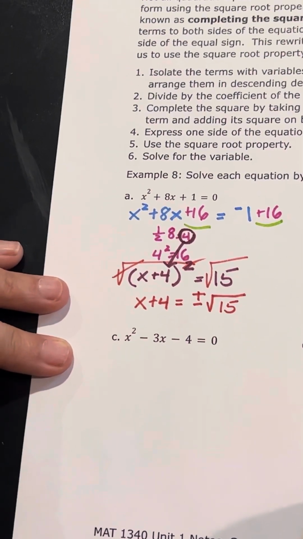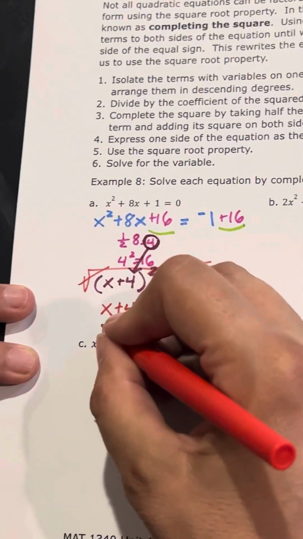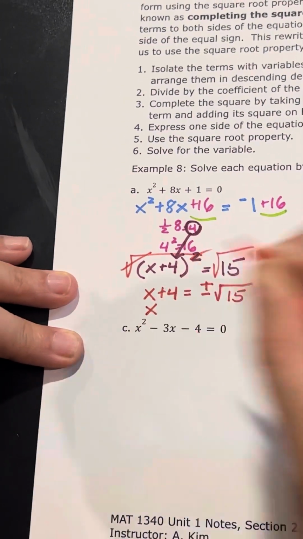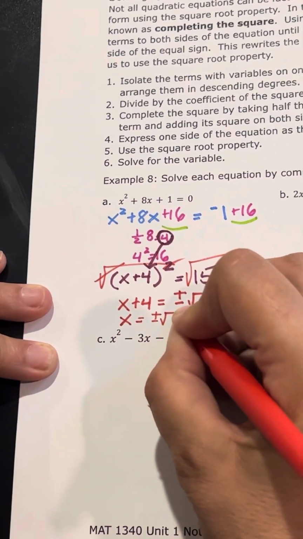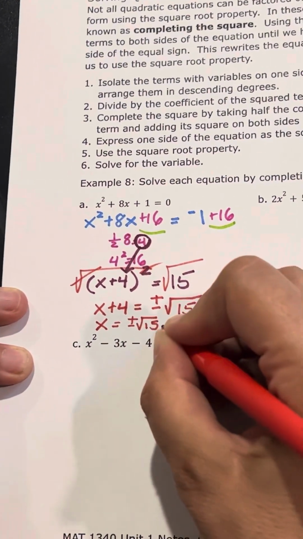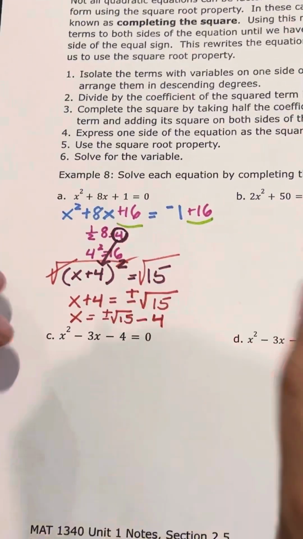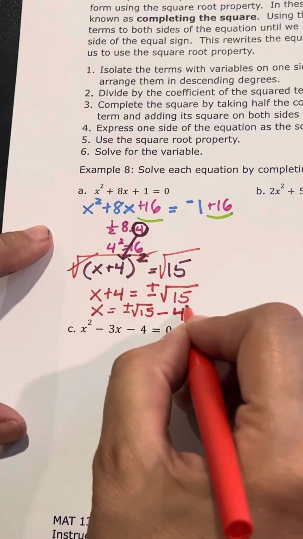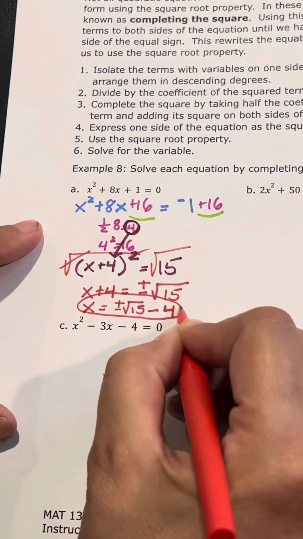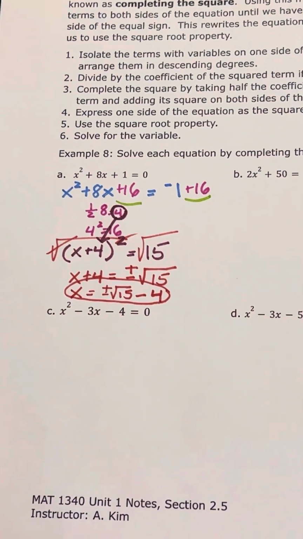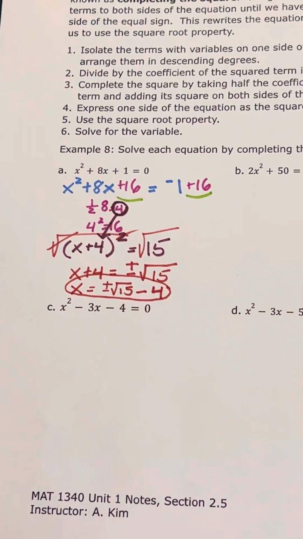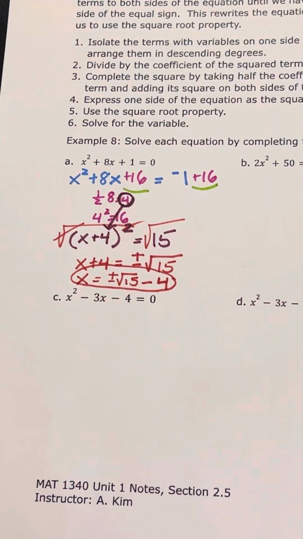Square root of 15 is the square root of 15, but we can do this. We can subtract 4 from both sides and say x equals plus or minus the square root of 15 minus 4, and that's our answer, because you can't take that square root of 15 down anymore. So positive square root of 15 minus 4 and negative square root of 15 minus 4. Those are our two answers.